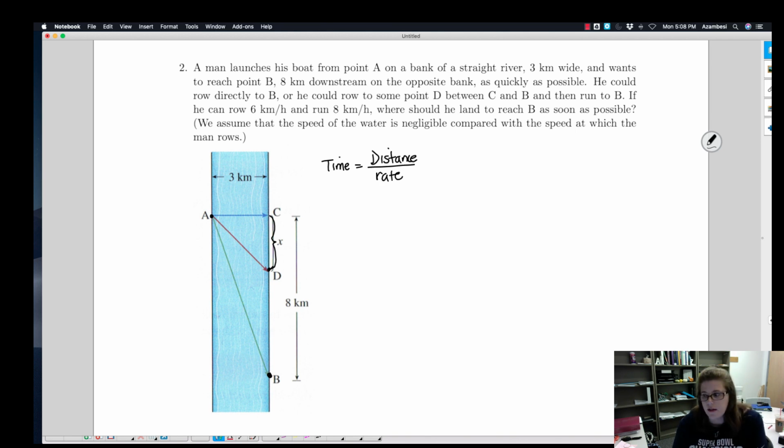So if I'm looking for the total time, then the total time is the amount of time it takes him to get from A to D, we'll call that T from A to D, plus the amount of time it takes him to get from D to B.